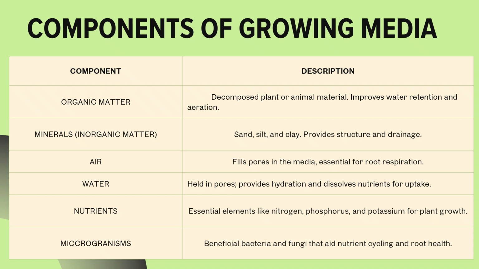So here we're going to look at the components of growing medias. Here are a few components that all plants need in order to survive. We have organic matter. The simplest way to think about it, think about a time where you may have, unfortunately, lost a loved one who passed away. You bury that loved one.